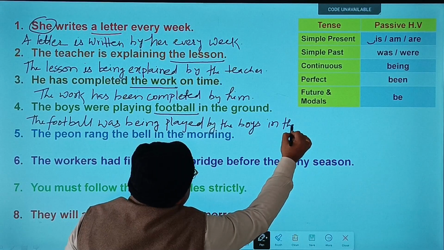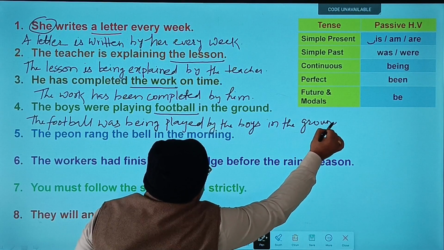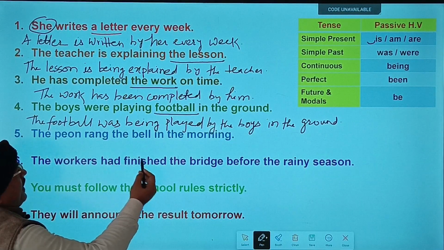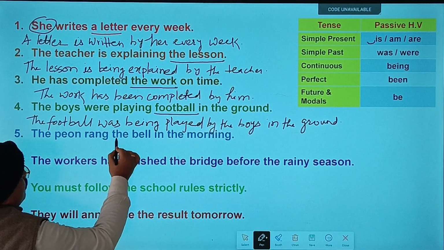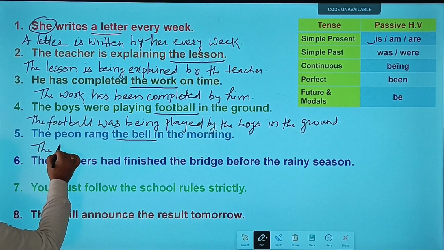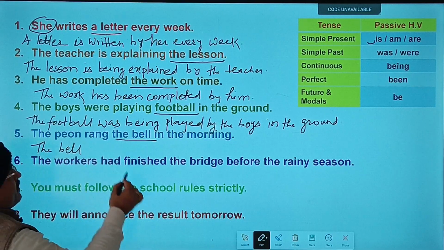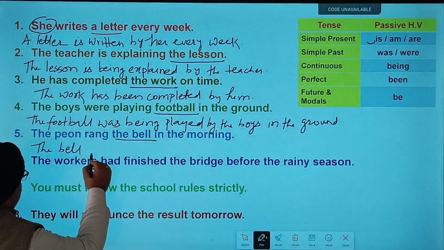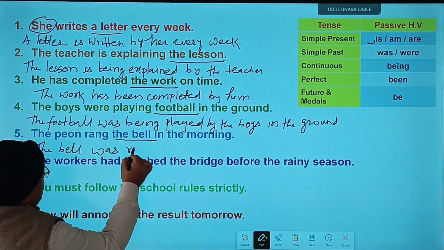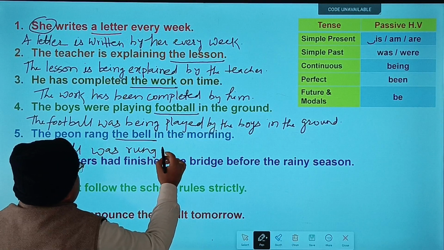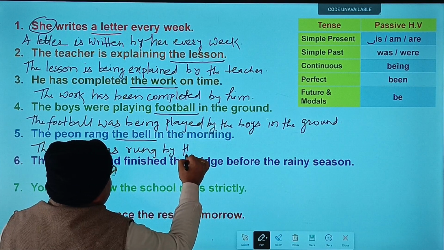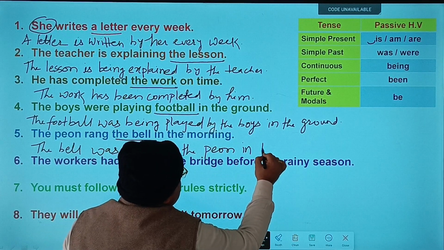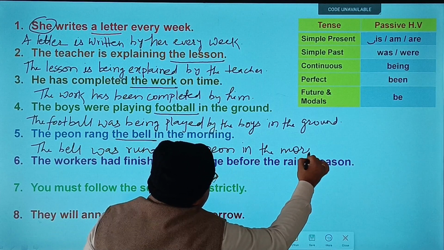In the ground. Yes or no? The peon rang the bell in the morning. Now the object is what? The bell. Rang is V2, simple past, so was. The bell was rung by the peon. When? The time reference goes at the end: in the morning.